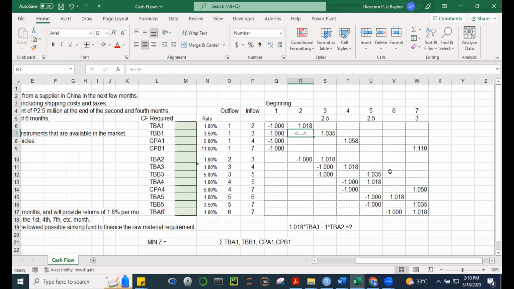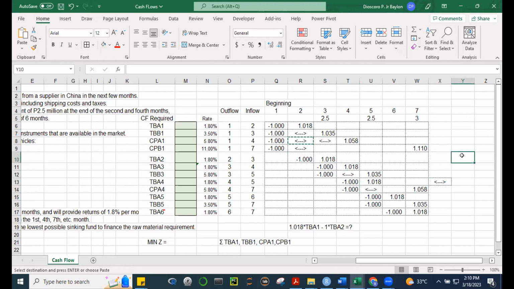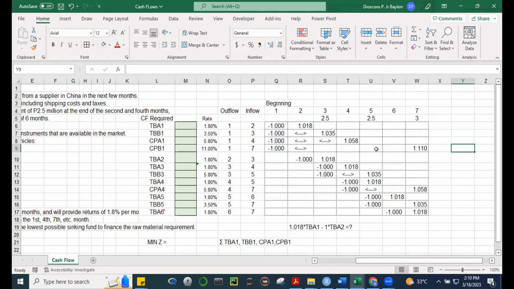So this one goes to Control C, Control V, here, then Control V. Okay, so what else? This one. It has to be up to 6th month.